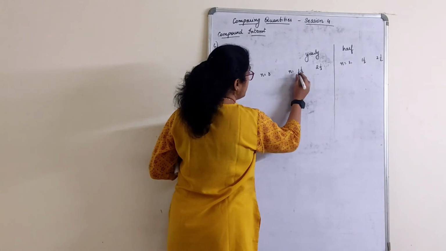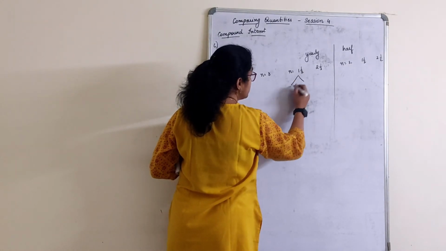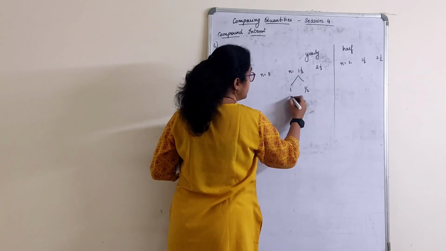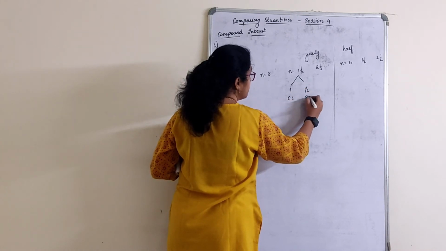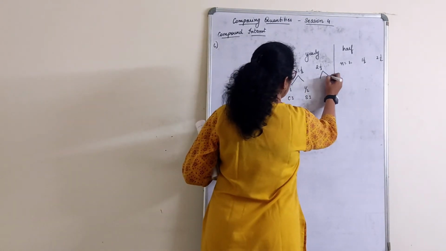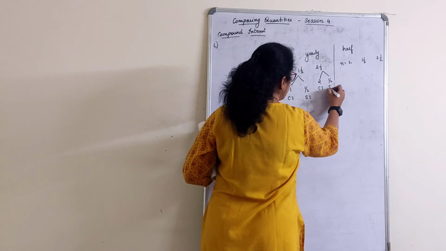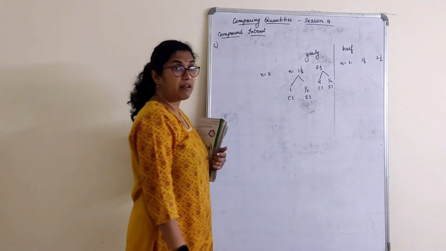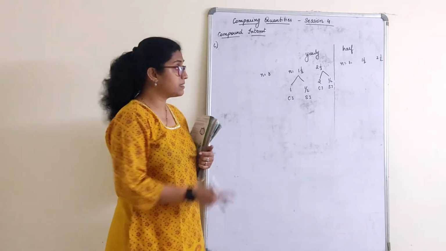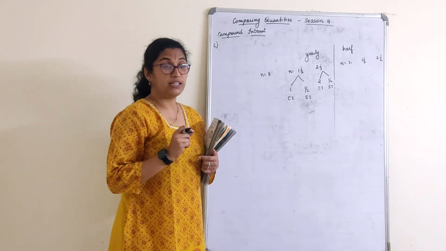Here we consider this as 1.5: compound interest, simple interest. This is basically compound interest only. Again, this we can consider as 2.5: compound interest, simple interest. Simple, right? Because it is compounded on a yearly basis. Now this is compounding on a half yearly basis. There's a trick here, children.